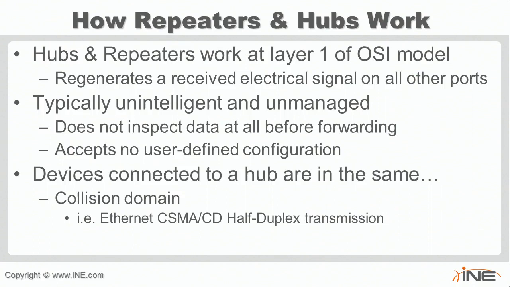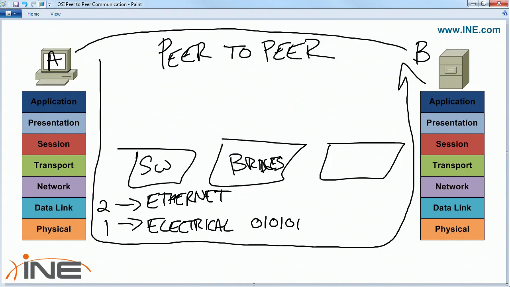Now also we'll see that the devices connected to either a repeater or a hub are in what's known as the same broadcast domain. And this we'll talk about a little bit later when we look at the actual operations of the switches. But the broadcast domain basically means that if two devices are in the same broadcast domain, they can talk to each other directly by using the layer 2 protocol.